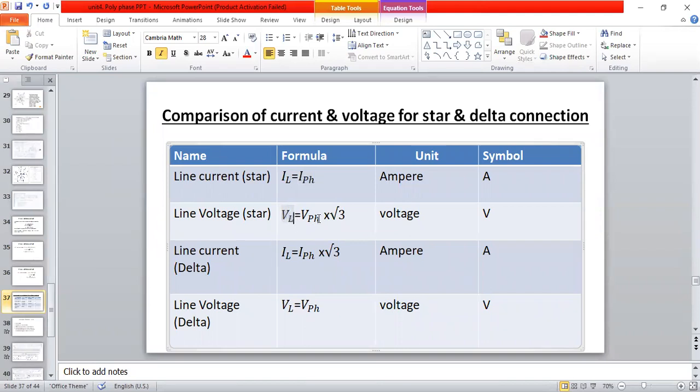PH indicates phase. I indicates current. So IL means line current, and IPH is phase current. V represents voltage, so VL is line voltage and VPH is phase voltage. You have to remember that.